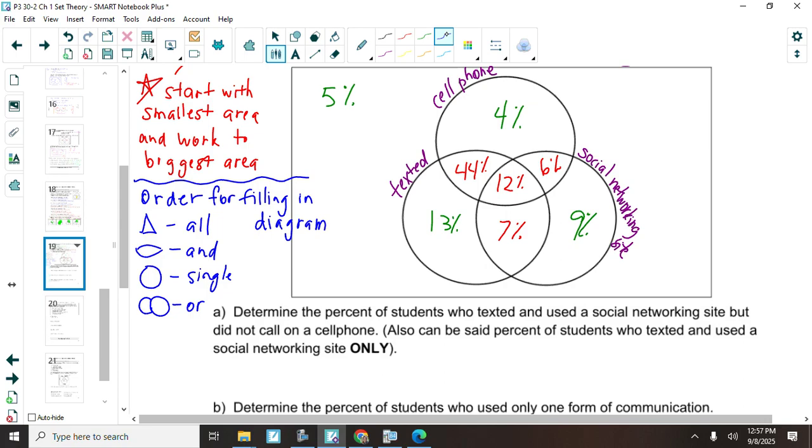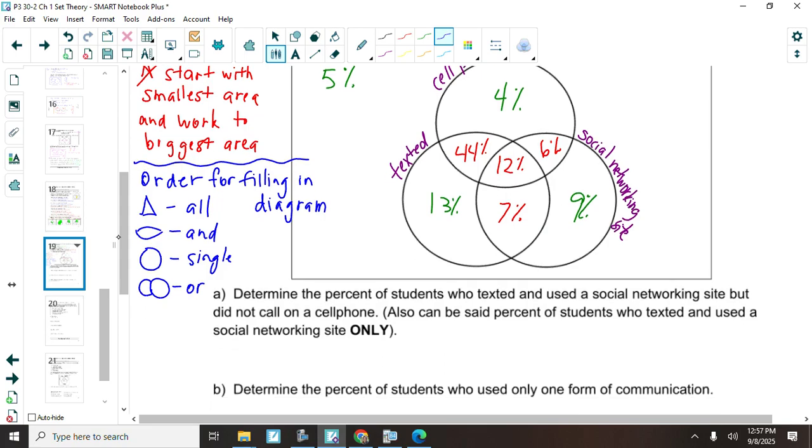Determine the percentage of students who texted and used a social networking site but did not call on a cell phone. Also can be said as the percentage of students who texted and used social only. So we go back to our diagram. We said texted and social only, so that would be our 44%. Oh, I did that wrong. Texted and social would be over here, guys. Texted and social would be this intersection here, but not the cell phone.